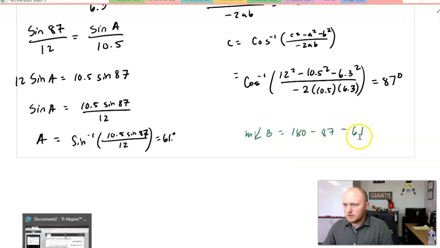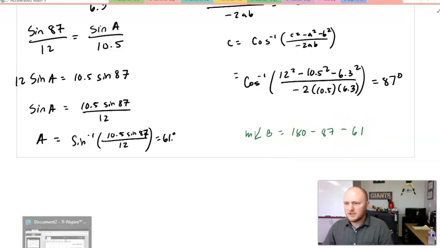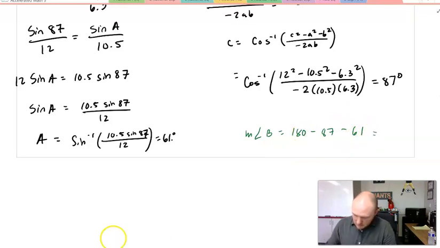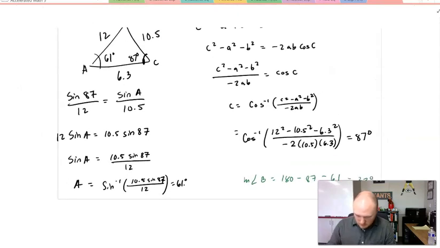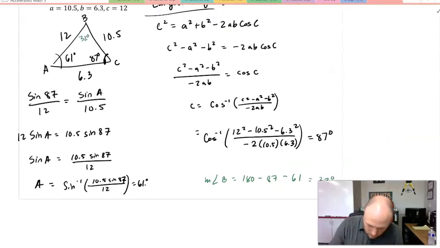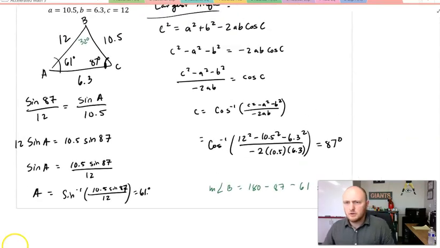So this is minus 148, so is that 32? 32 degrees. And yes, 32 degrees. Okay, cool.